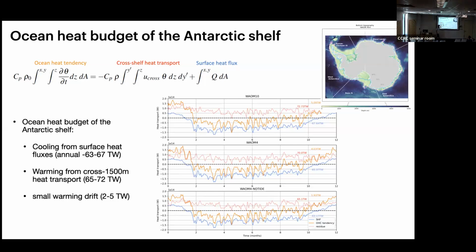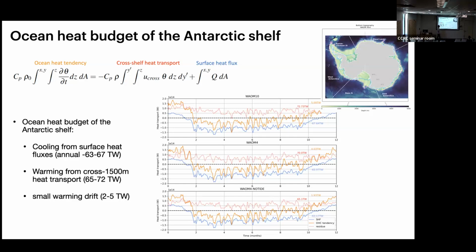Some of these are the experiments I showed in the previous talk. You have this seasonal variation in the ocean heat content, the orange line, driven by seasonal changes in surface heat flux.